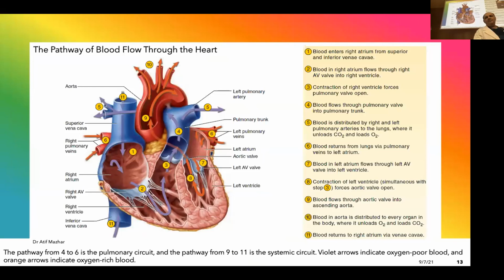Remember, this is the same blood. We don't think of this as dirty blood. This is clean blood. Only the blood which is rich with oxygen, we call it that, is shown with red, and the one which is rich with carbon dioxide, though it still has some oxygen, has been shown with blue, and you can read through.